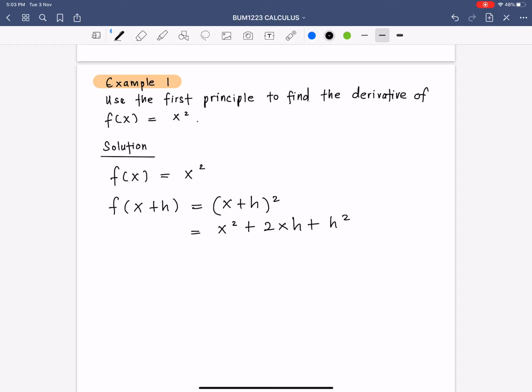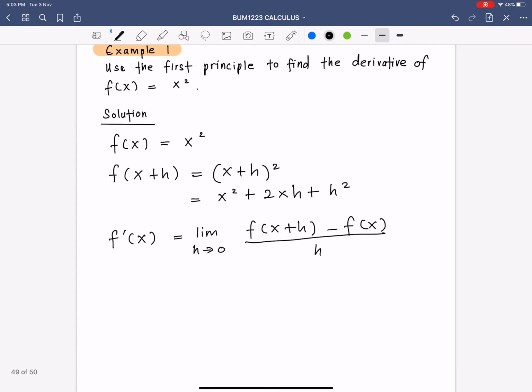And we know that the formula to find f prime x by using the first principle is equal to the limit as h approaches 0 of (f(x plus h) minus f(x)) over h. Now we substitute this into here.